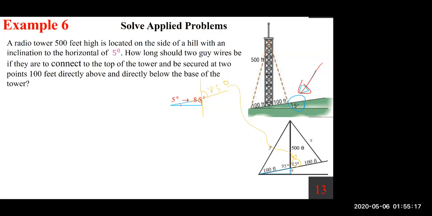So one more time. 5 degrees is given. We can come up with a triangular shape. If one angle is 5 degrees, the one in blue, then the other one is 90 minus that, or 85 degrees. Okay, everyone?